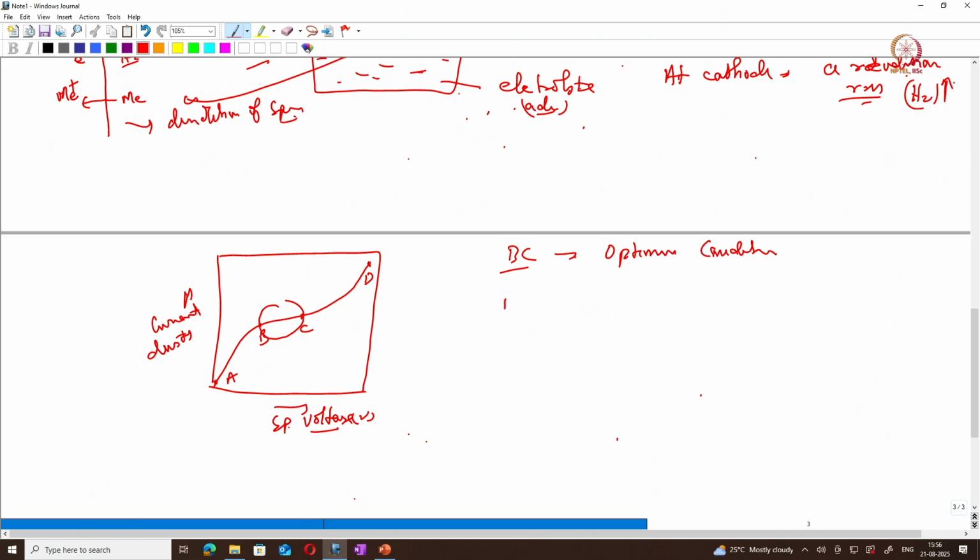While in A to B, usually the current density changes drastically with the voltage, so usually etching will happen. And in C to D, pitting happens.